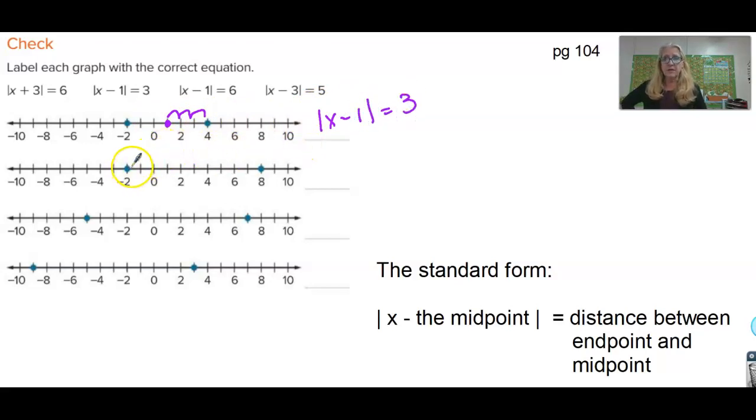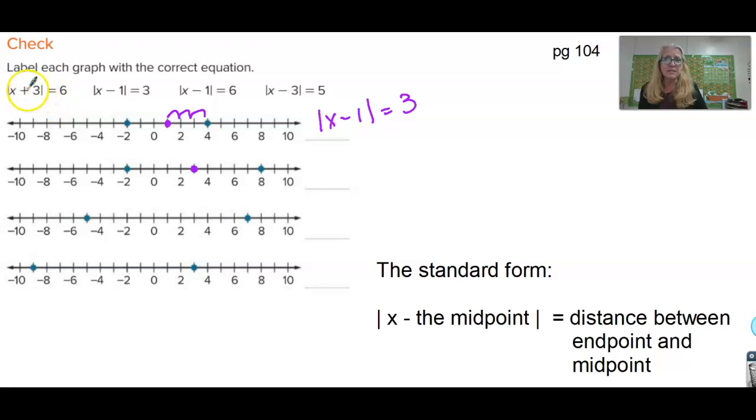Now we look at the next one. Add negative 2 to 8, you get 6. 6 divided by 2 is 3. 3 is the midpoint on this one. So we're looking for an equation that has 3 here. But you'll notice this one has plus 3 and this one has minus 3. Here's the difference. This 3 was a positive 3, because remember the formula is x minus the midpoint.